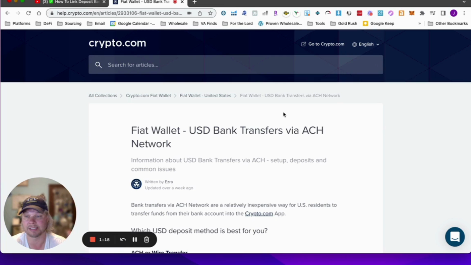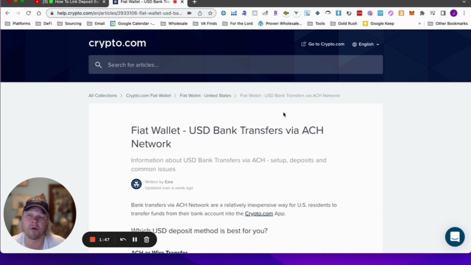In this case, on crypto.com, here's my app here, you would just click at the very bottom, there's an accounts button, and then you will see fiat wallet. That is the money that has been transferred from your bank account to crypto.com.